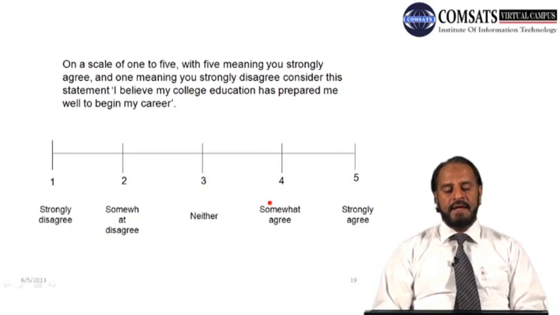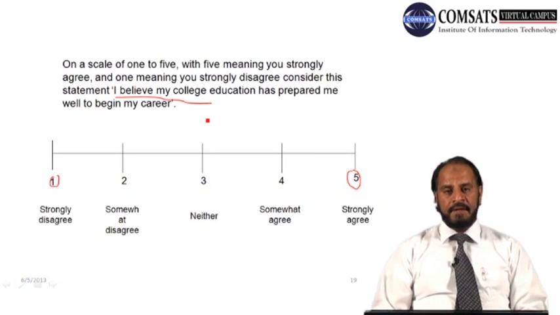An example for this scale is: on a scale of 1 to 5, with 5 meaning you strongly agree and 1 meaning you strongly disagree, consider this statement: I believe my college education has prepared me well to begin my career. You can agree, strongly disagree, or strongly agree, depending on the stand you want to take.